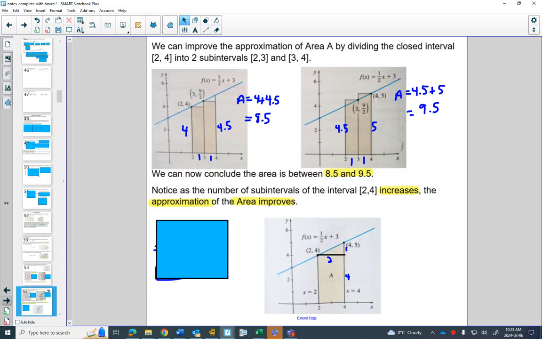So next we could do 3 rectangles and get closer, and 4 rectangles and get closer. So as we increase how many rectangles we use, the area improves.